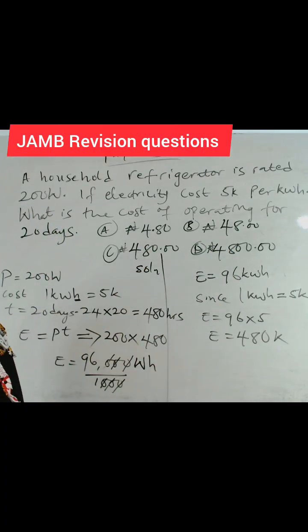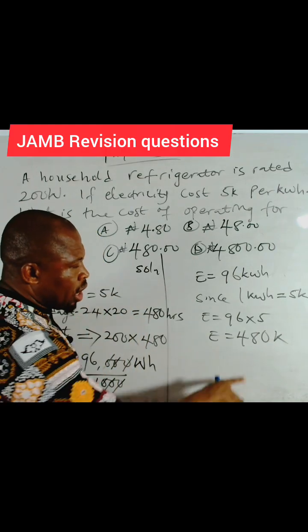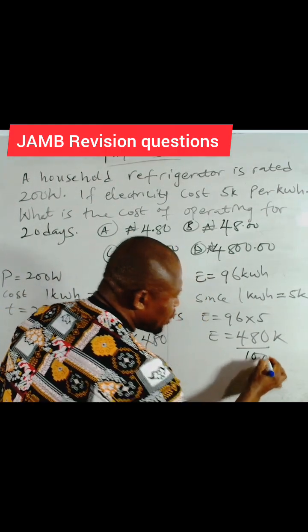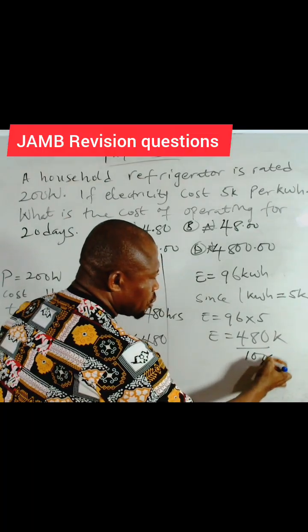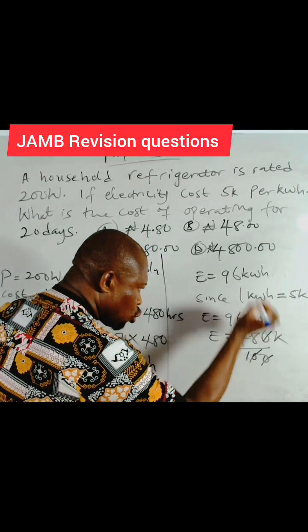Because these things are in naira, convert this to naira. Remember that 100 kobo make 1 naira. Since 100 kobo makes 1 naira, 480 kobo will give us what? Divide this by 100. If you divide this by 100, this one will cancel this, and you push your point to here.